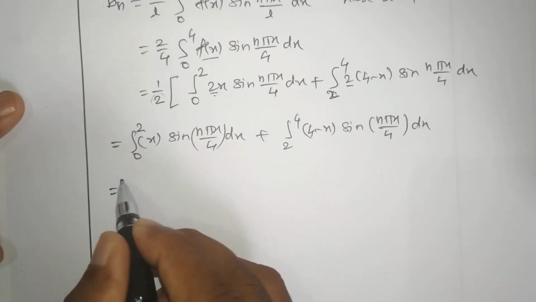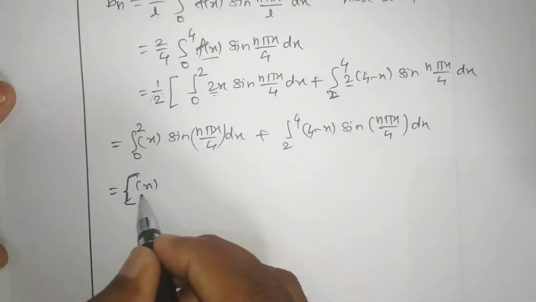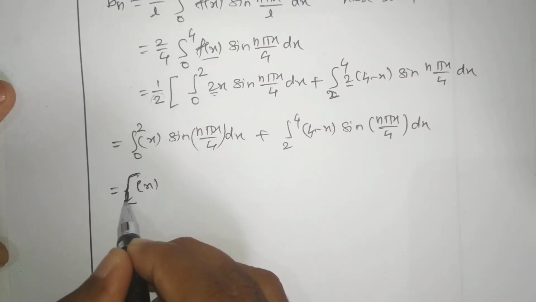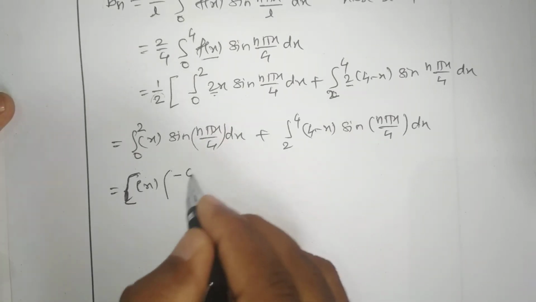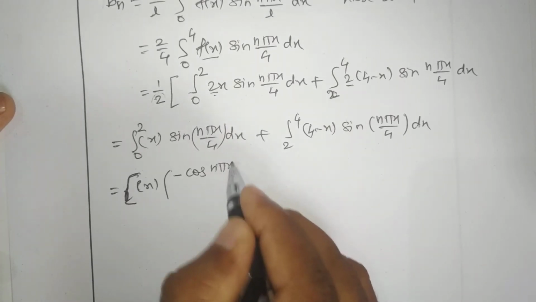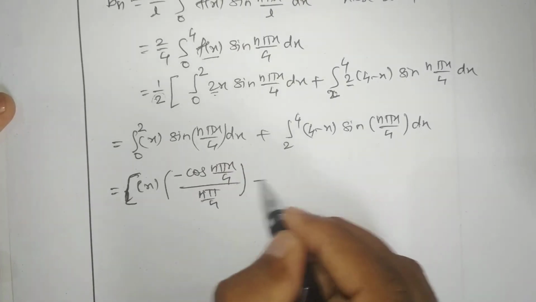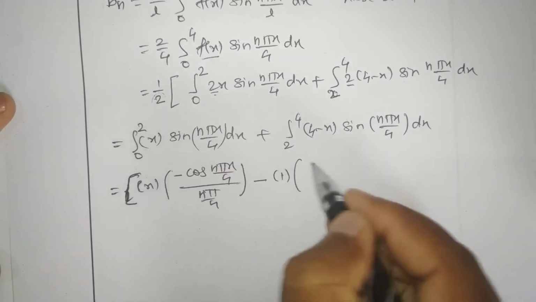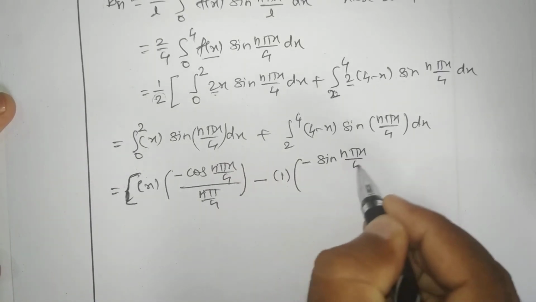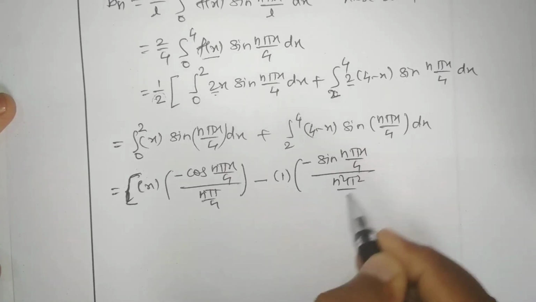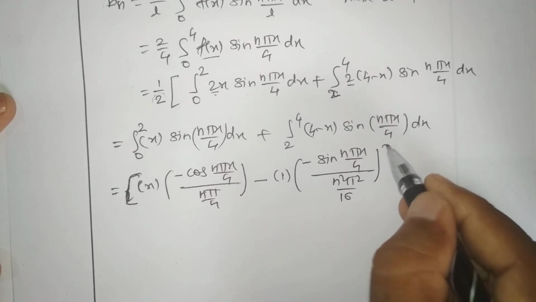So this is equal to, in the first bracket, the first term x as it is, and the integration of the second term: minus cos(n pi x by 4) upon n pi by 4. Minus sign, derivative of x is 1, into integration of the second term, minus sign as it is, sin(n pi x by 4) upon n square pi square by 16. This is our first integration.